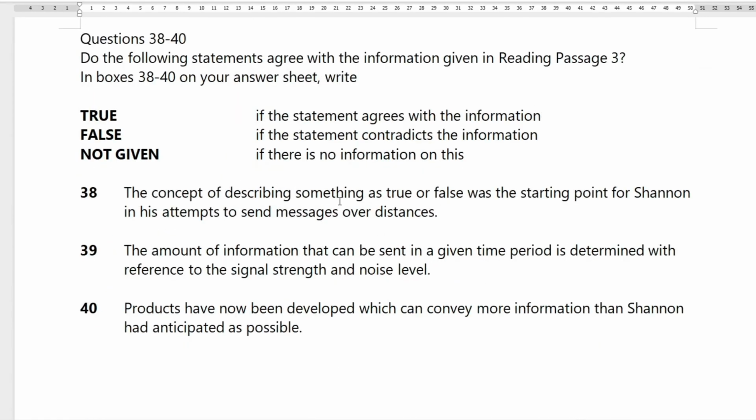The concept of describing something as true or false was the starting point for Shannon in his attempts to send messages over distances. The amount of information that can be sent in a given time period is determined with reference to the concept of describing something as true or false.